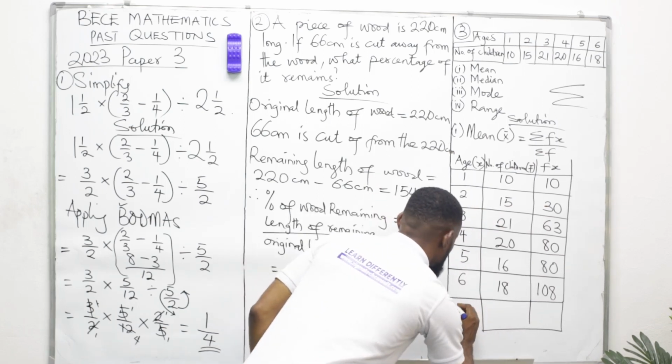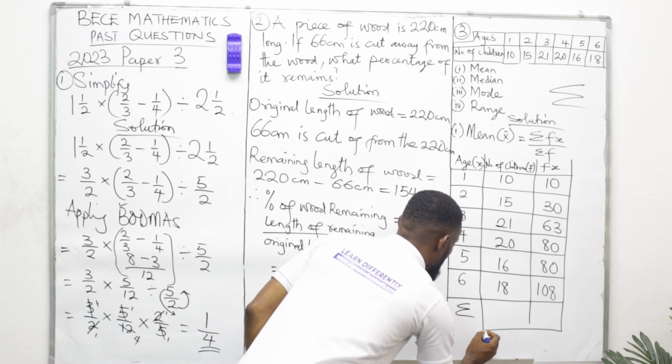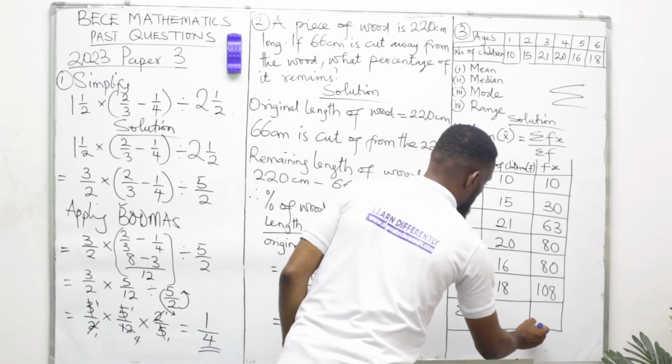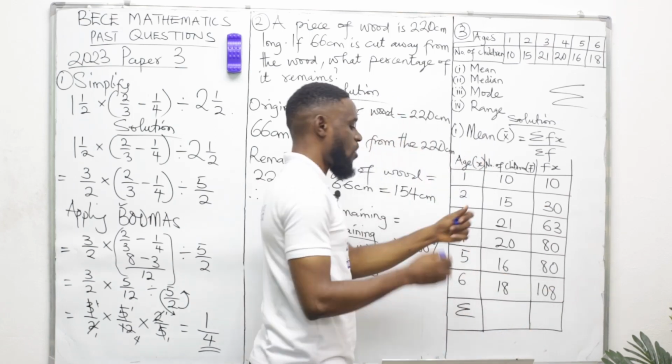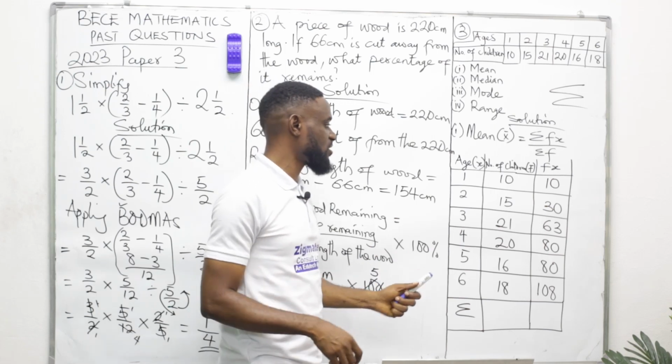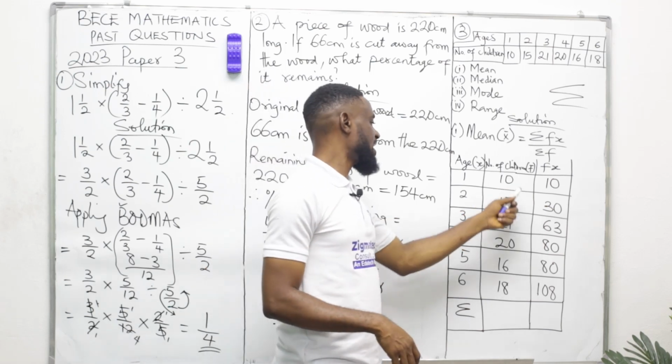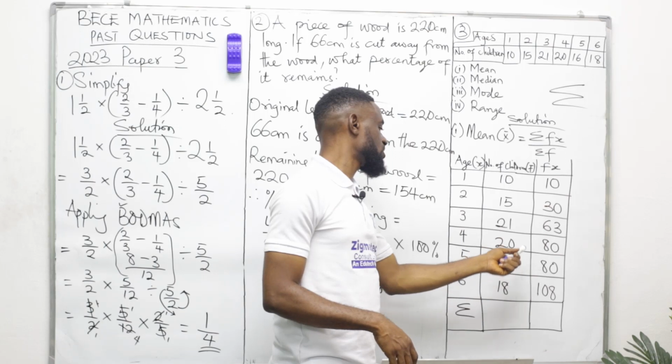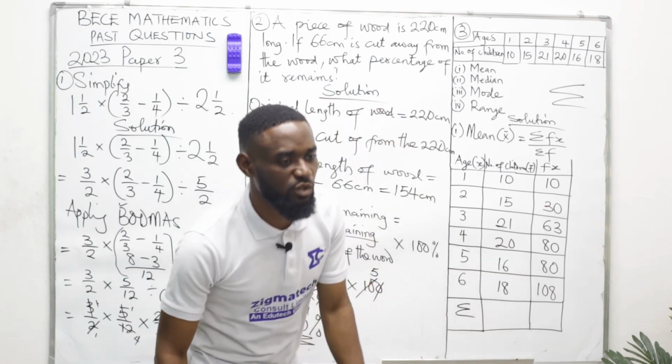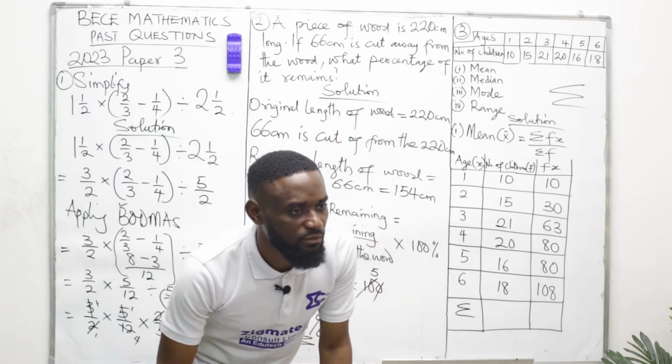This is our summation line. Everything here is summation. Sum of everything there. So what it means is that we're going to sum 10, 15, 21, 20, 16, and 18. So if you can do that with your calculator, okay, for speed.